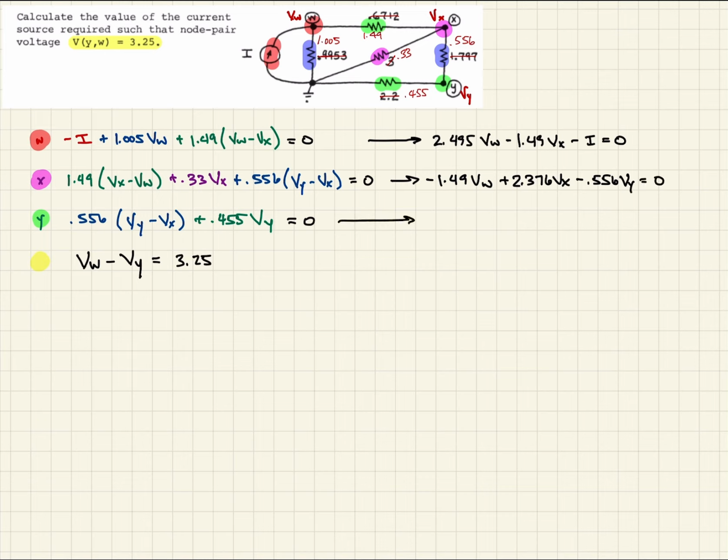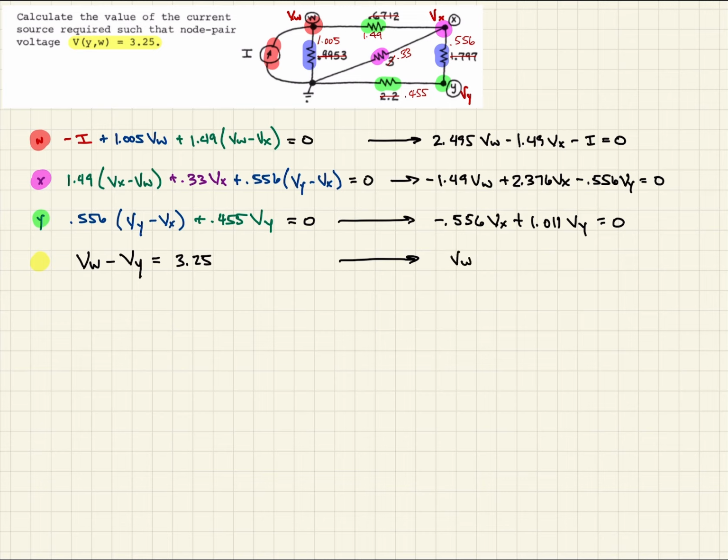Same thing here. Multiply through, combine like terms. We will get a negative 0.556 times Vx plus 1.011 Vy. That's equal to 0. And then finally, this one really doesn't change.